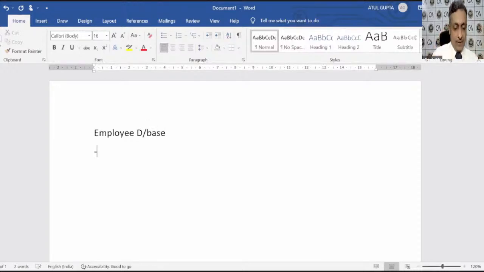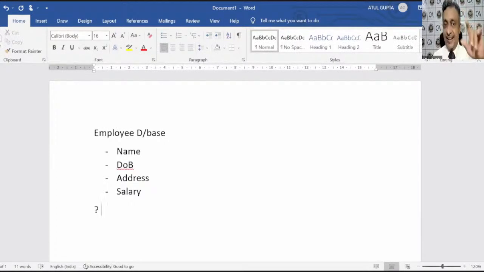There are 4 fields: name, date of birth, address, and salary. 4 fields in the employee database.